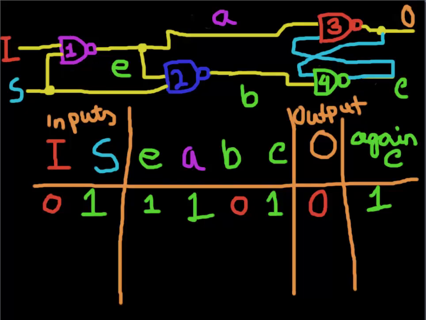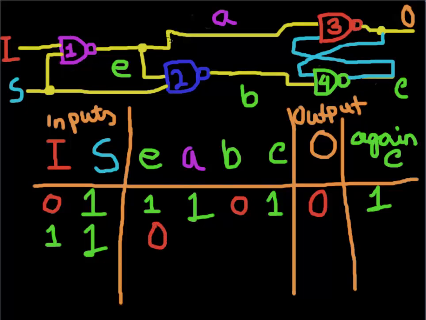Now we'll be looking at another combination, and that is if I is now on and S is 1, which means that O should be 1 because it wants to remember the input I. So let me again draw the diagram as I go and write the ones and zeros for each. If S and I are both on, E will definitely be off because it's a NAND gate.